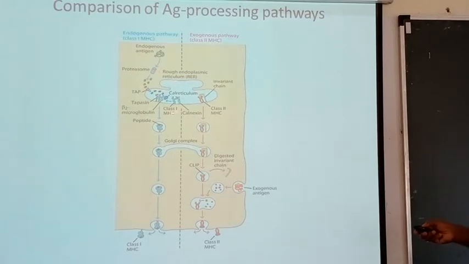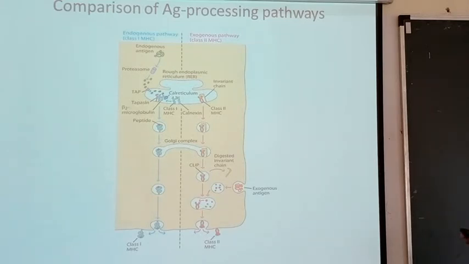Here class I MHC is there with the Golgi complex, and the antigen binds to the class I major histocompatibility complex. Here the exogenous source is coming inside by phagocytosis, and it is binding with the major histocompatibility complex class II.